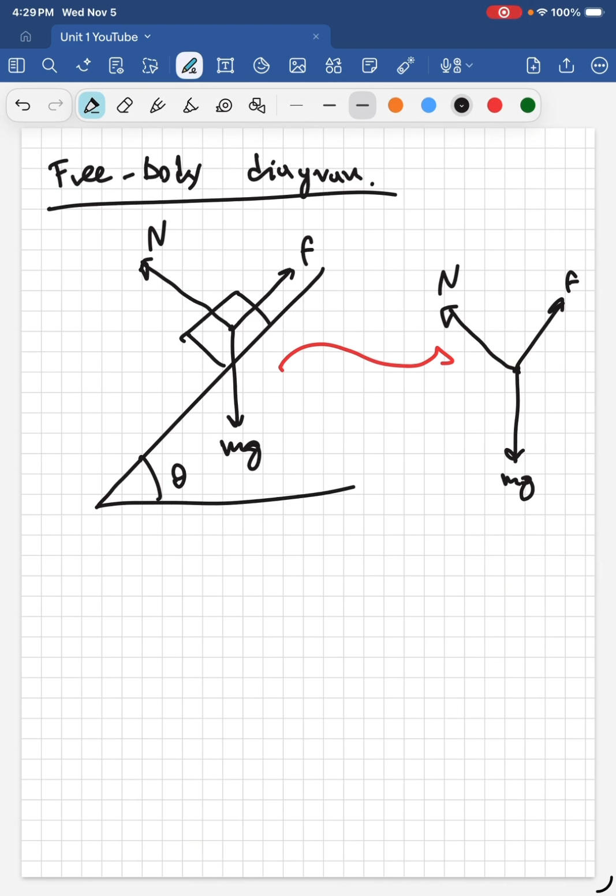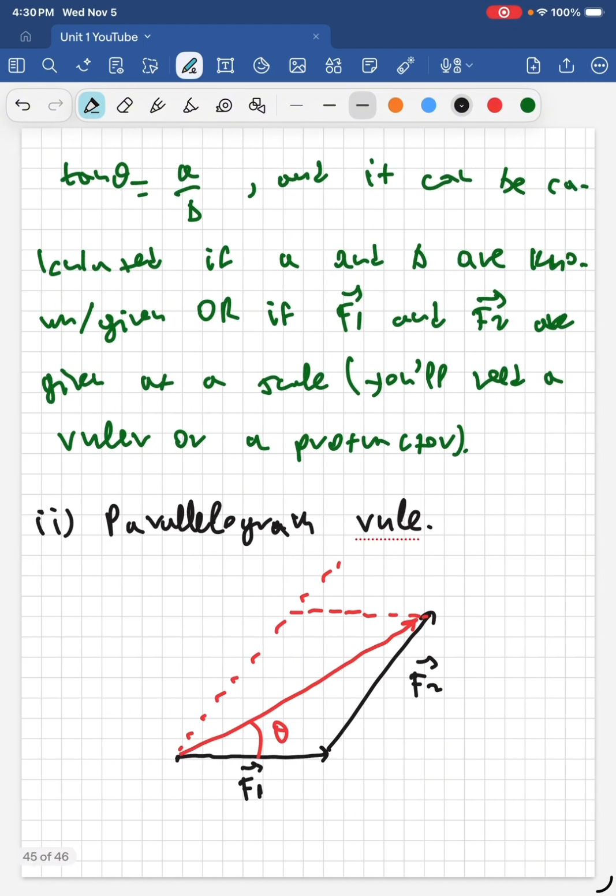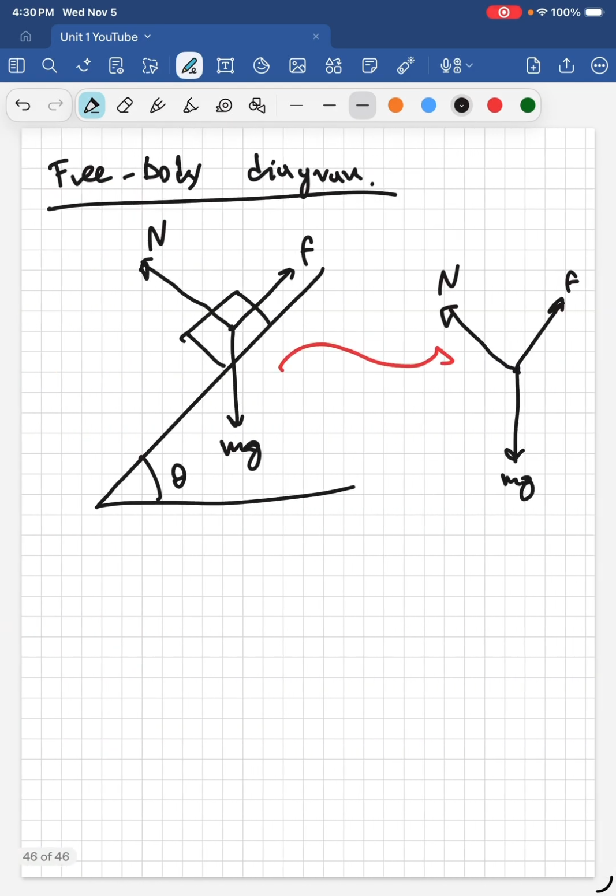So I don't know about what they might ask you in a past paper, but you can use graph paper and use the methods we discussed here to calculate things that they ask you about these three forces, for example, okay? So this is it for adding forces.